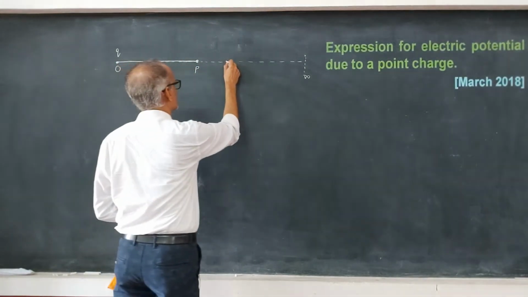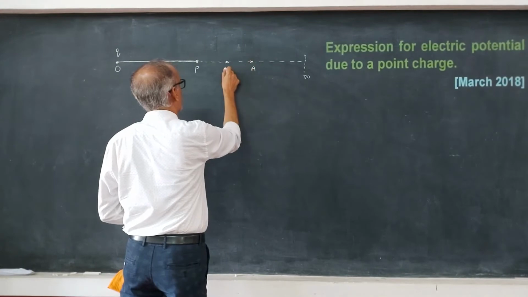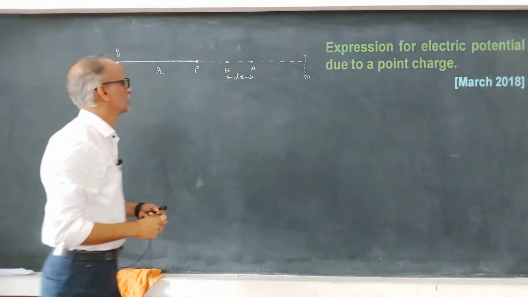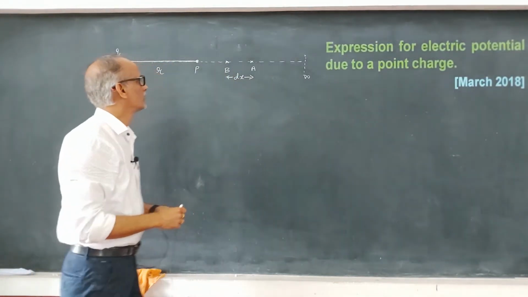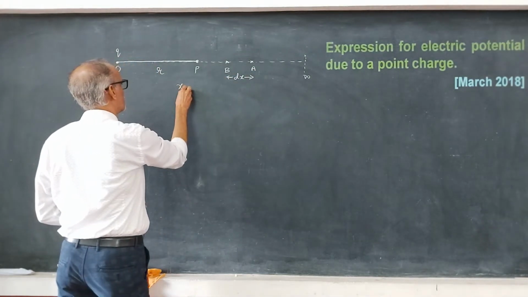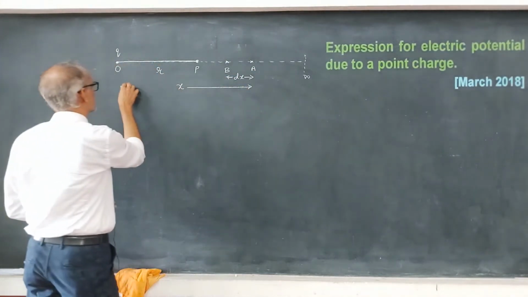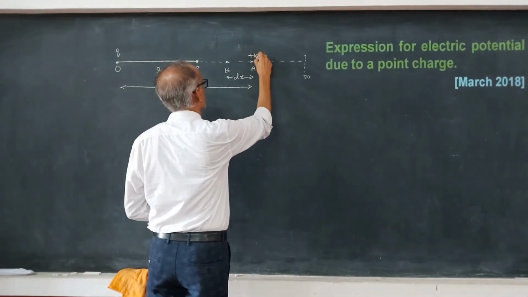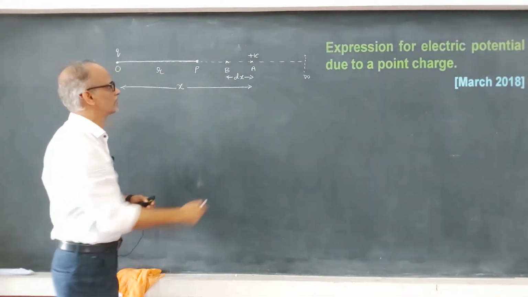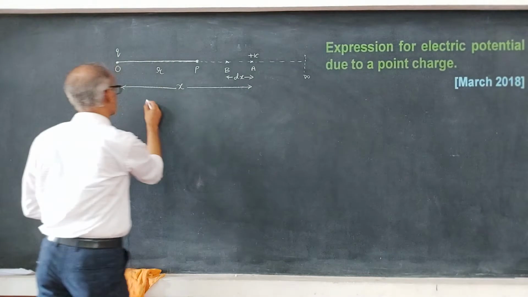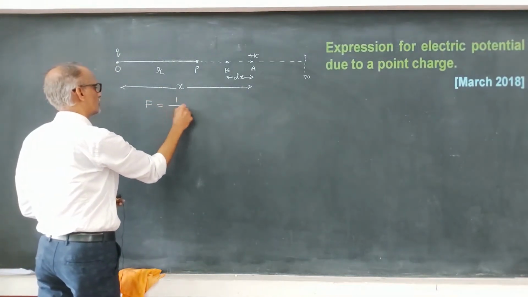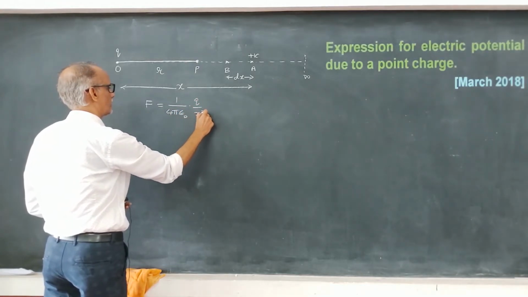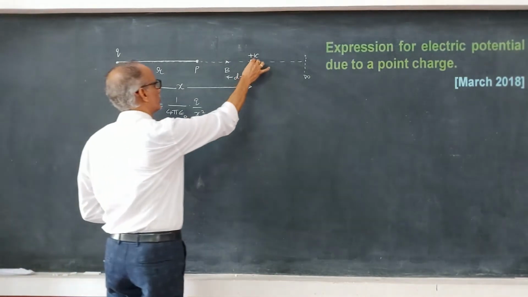So, I consider 2 points, A and B, separated by a small distance dx, and let point A be at a distance x from the charge, with a unit positive charge at A. What is the force experienced by this unit positive charge? It is given by F is equal to 1 by 4 pi epsilon naught q by x square.